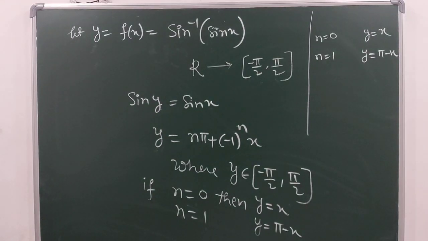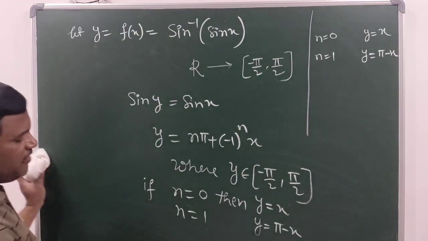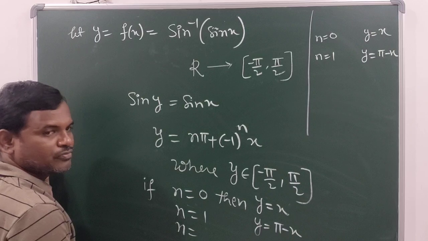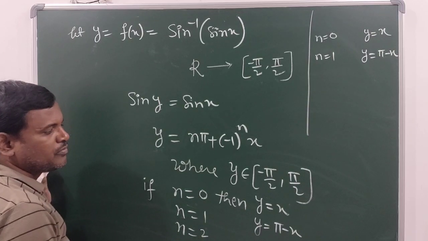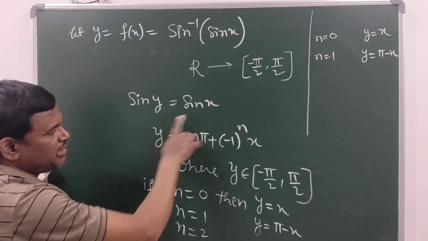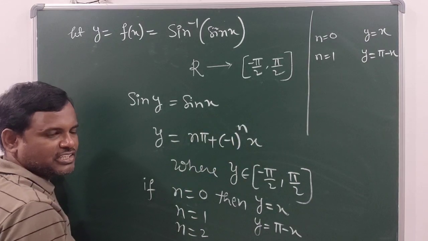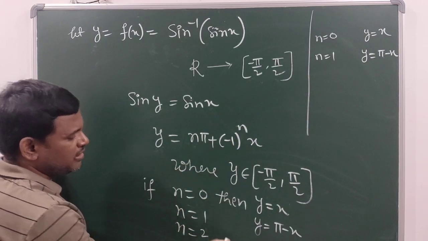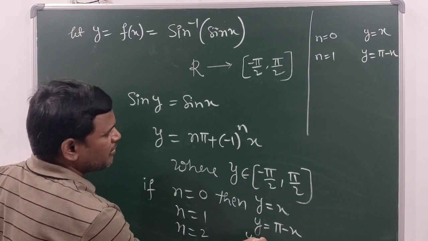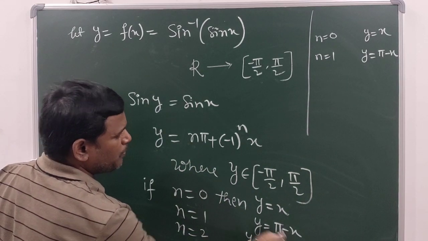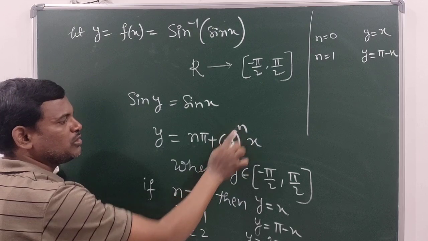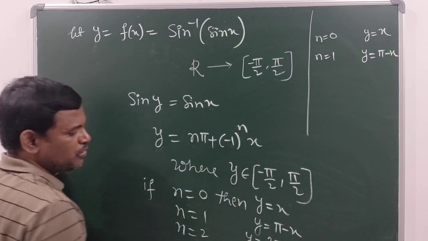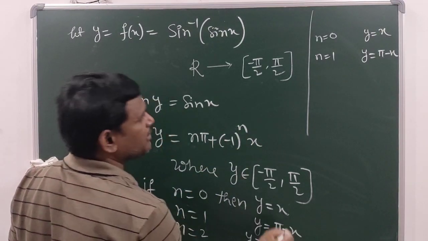And next, if n is equal to 2, you know, in trigonometric equations, n belongs to integers. I am writing some integers. If n equal to 2, what do you get for y? y equal to 2 pi, and (-1) whole square becomes positive, so 2 pi plus x you will get.